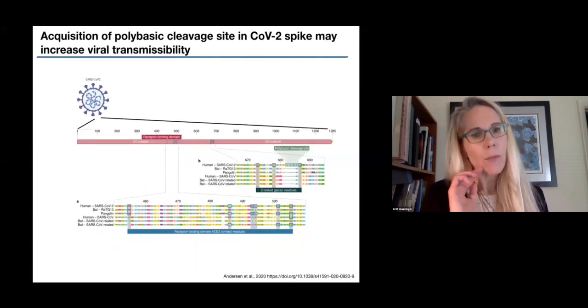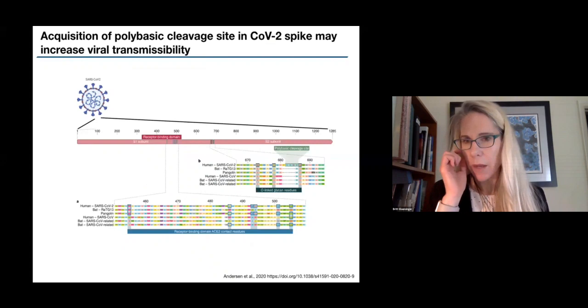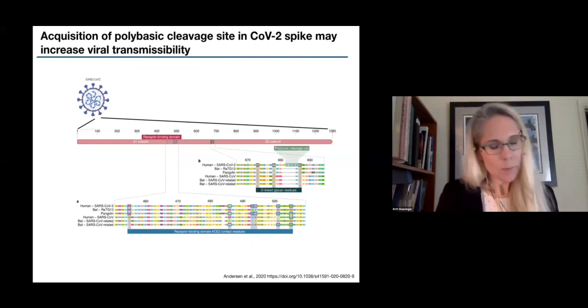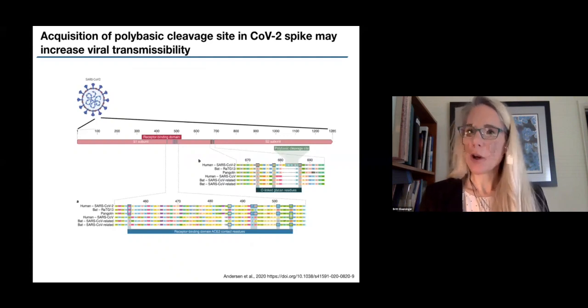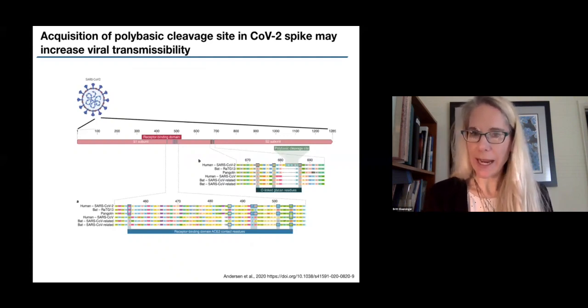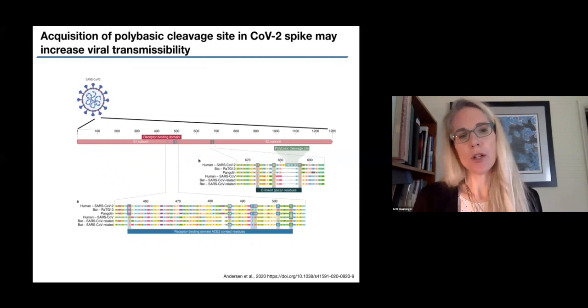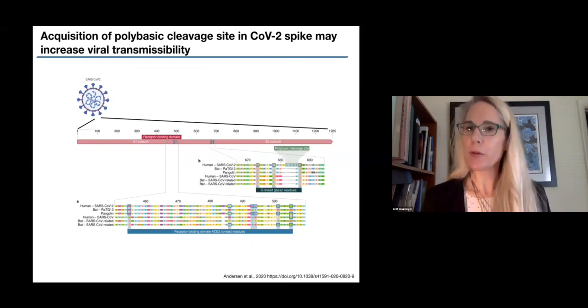I just want to spend a moment talking about a couple of interesting differences between the SARS-CoV-2 spike protein and the coronavirus 1 spike protein. There are a couple of notable differences that I'll just draw your attention to. First is the receptor binding domain.